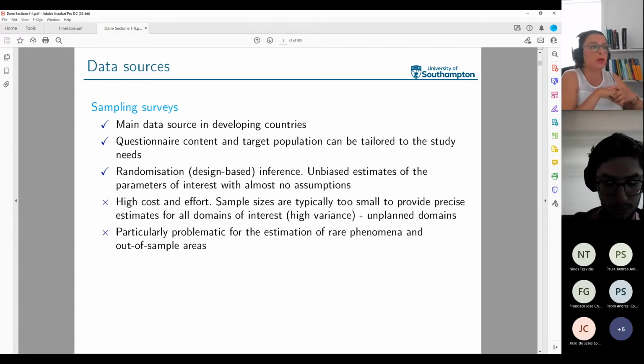So I'm going to talk a bit more about the issue of estimation in domains, what is called planned domains and unplanned domains. But let's say that in general, the problem of having small sample sizes is a problem in survey samples, but is even more of a problem in the case of trying to produce small area estimates.